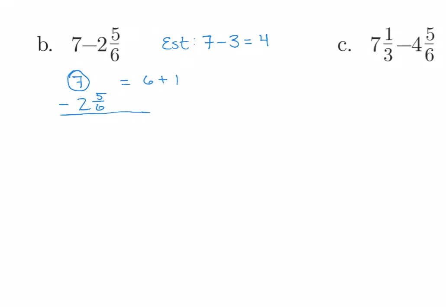into a 6 plus 1. I'm going to borrow from my 7. So I'm going to put a 1 over with my fraction so that we can subtract. Now the other thing that we need to do is we do need common denominators.